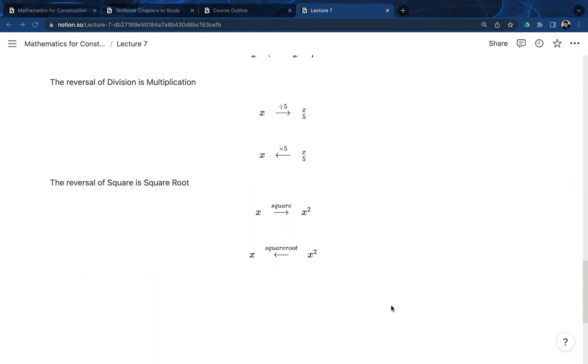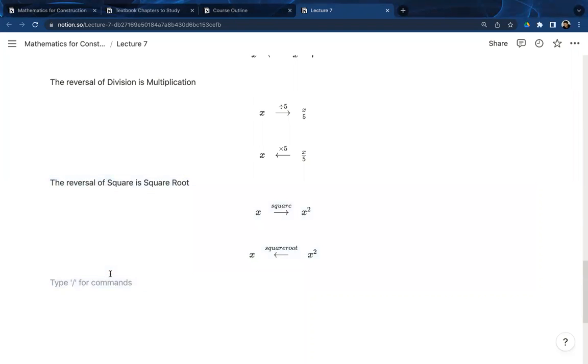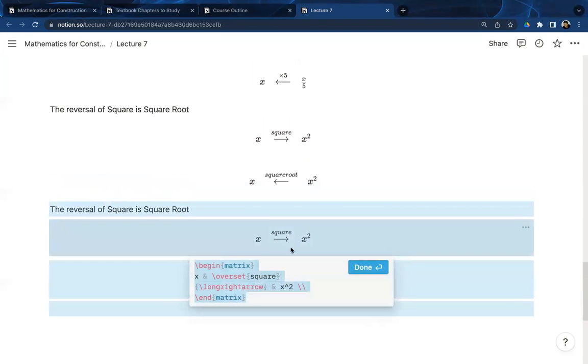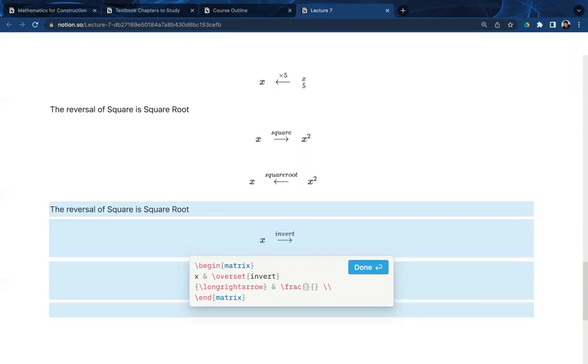There's another one as well, for more complicated examples, right? If I have x and I invert it, okay? If you invert x, you'll get 1/x, right?